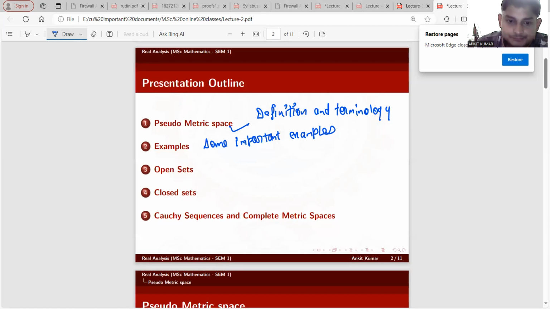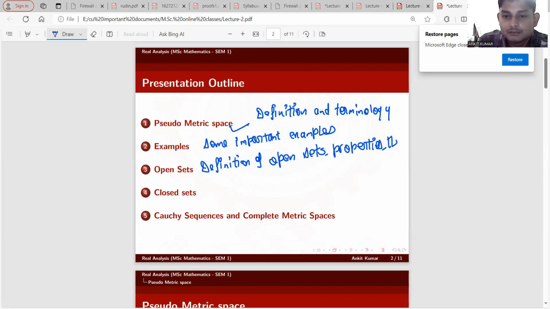After that, open sets. So, what is the definition of the open sets? Properties of the open set and theorems.